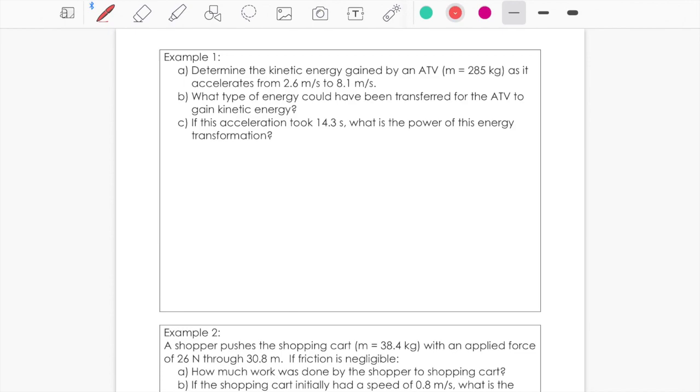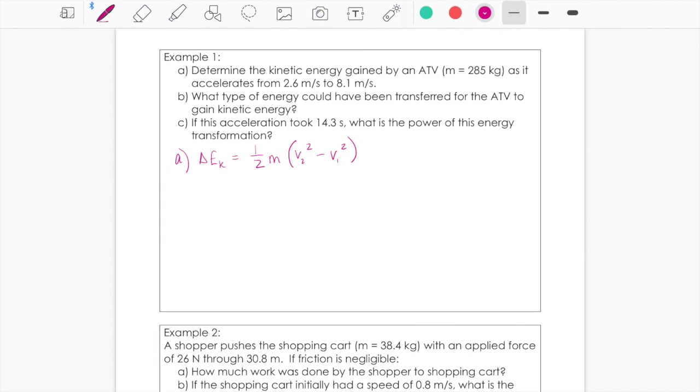For part A, we're going to be using the equation change in kinetic energy equals 1/2 mass times the difference of V2 squared minus V1 squared. I can't pull the squared outside of the difference of the two.